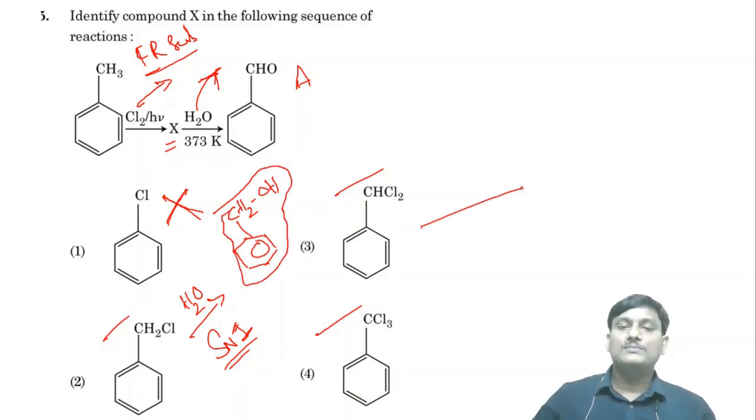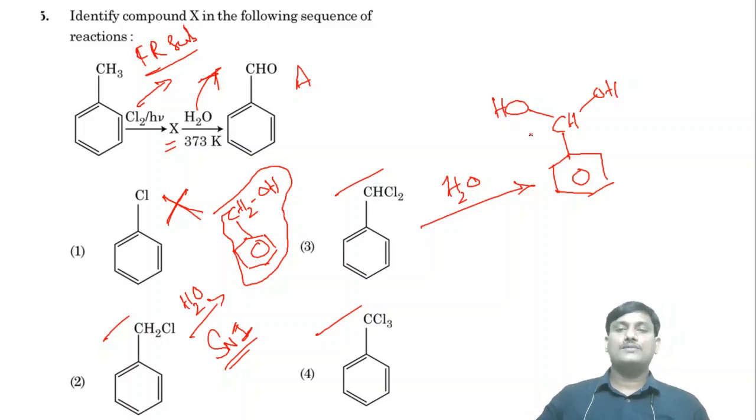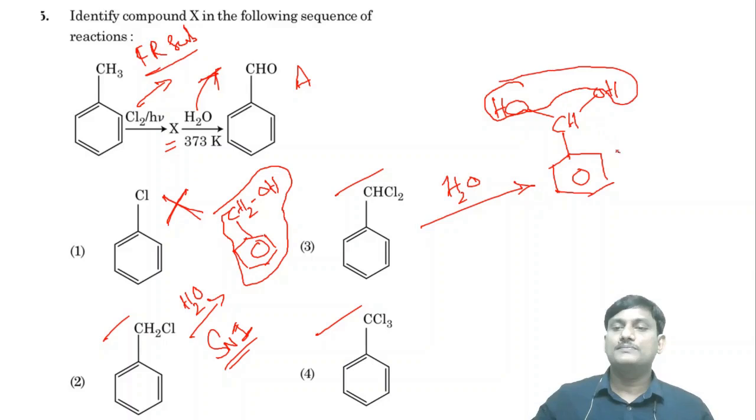Suppose if you take this one, upon hydrolysis there is a replacement of two chlorines by two OH groups. When two OH groups are attached to the same carbon, there is a removal of a water molecule. So finally you will get benzaldehyde.